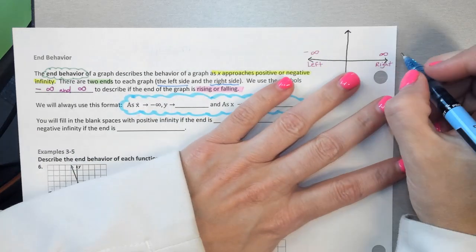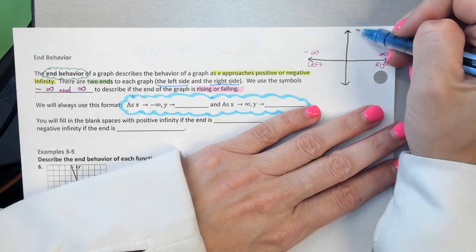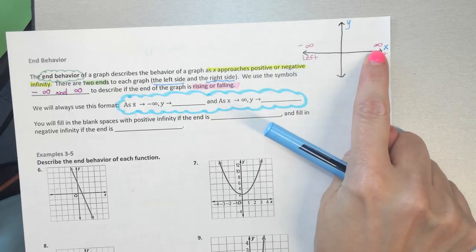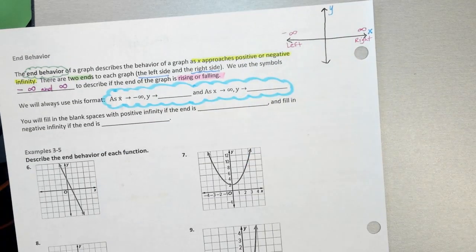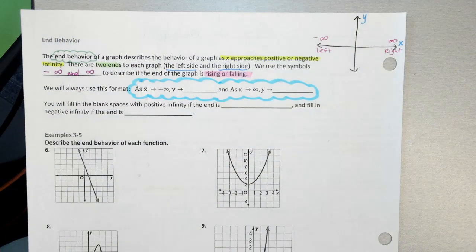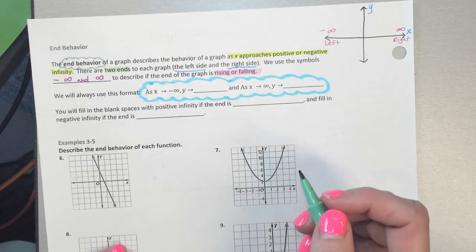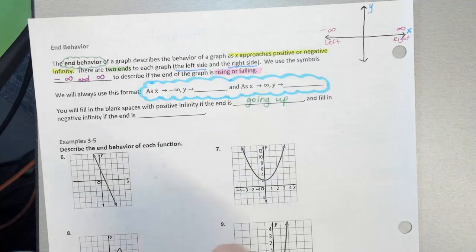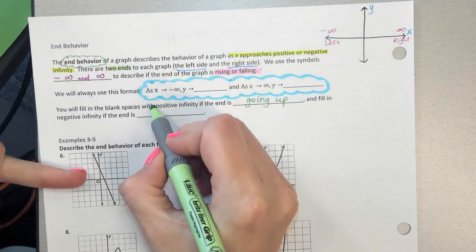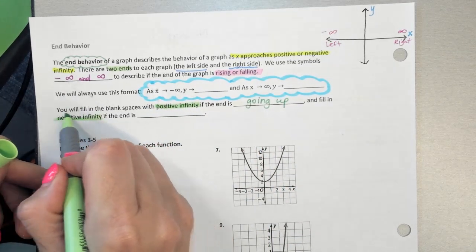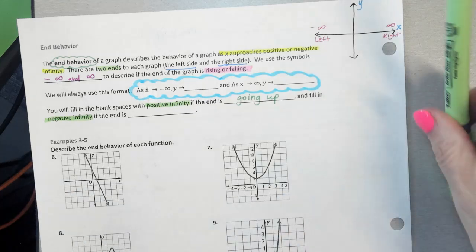So this has to deal with the x-axis. Anytime you're talking about x, infinity means right, negative means left. For the y, it's a little bit different. For y, you are going to fill in the blank spaces with positive infinity if the end is going up, and you're going to use a negative infinity if the end is going down.